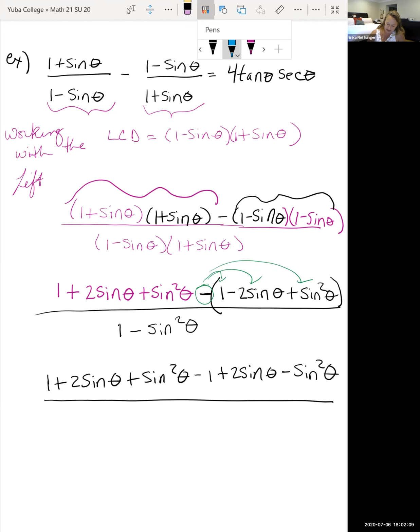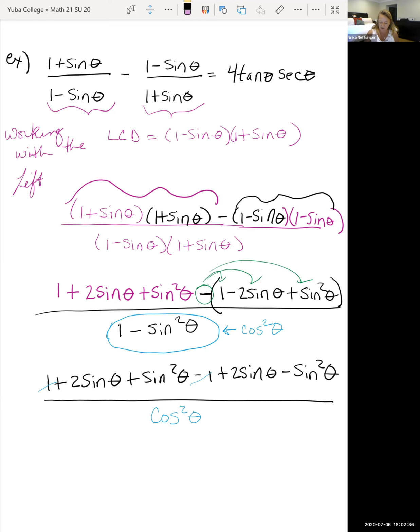Let's rewrite that. This right here is the same thing as cosine squared theta. So let's put over cosine squared theta. And so notice things start to cancel. We got a 1 minus a 1, that cancels.